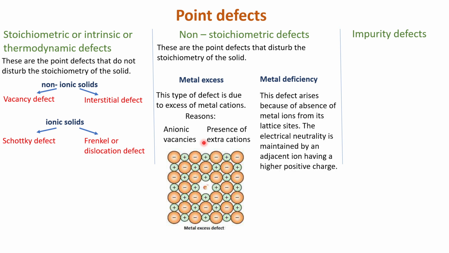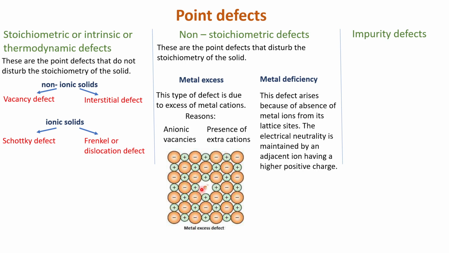Metal deficiency defects are those defects where there is absence of metal ions from the lattice site. Electrical neutrality is maintained by the adjacent ion having higher positive charge. Here in non-stoichiometric defect, even though the number of cations and anions are not equal, the overall solid will be neutral.